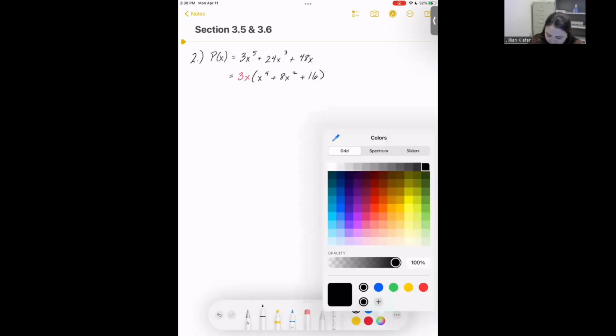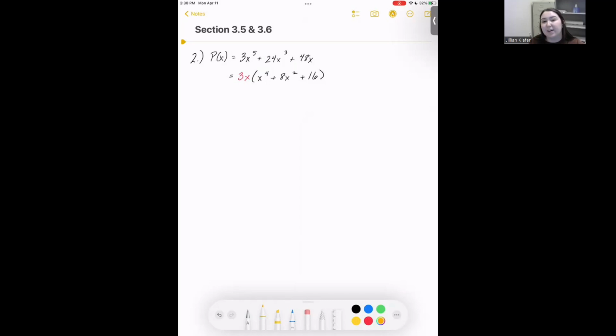Then we also want to realize in this case that since we factored out an x, if x were 0, it would make the whole polynomial 0, which means that one of our zeros is x equals 0. So that's one of them right off the bat. So now we're only looking for 4 zeros because we said that our polynomial will have 5 zeros.